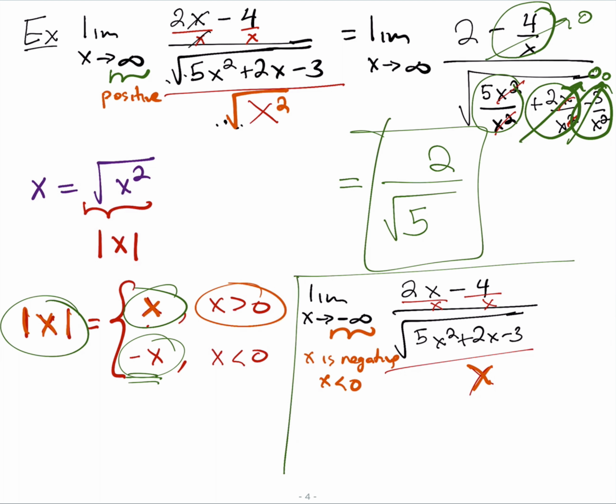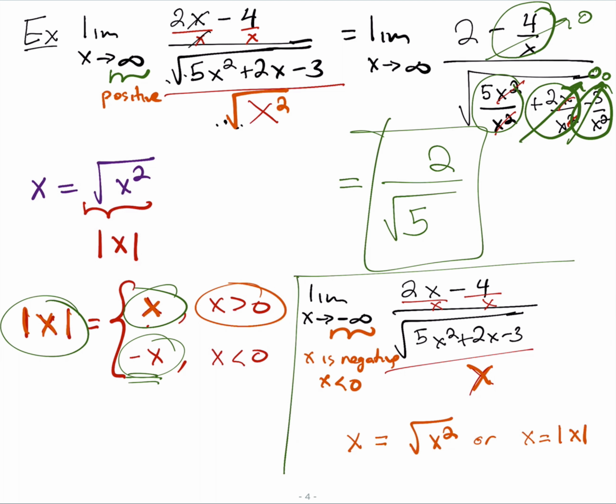Okay, what I'm trying to do is get this that I have right here. I want to say that that's equal to the square root of x squared, or the absolute value of x, right? Those two things are the same thing. Yes?